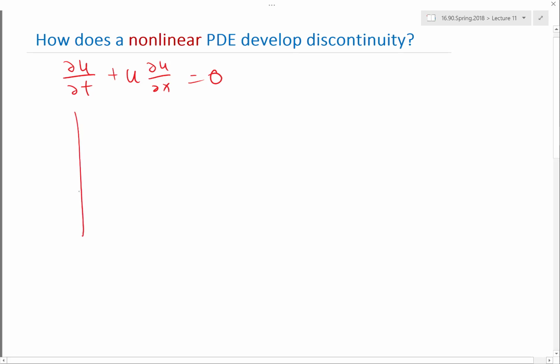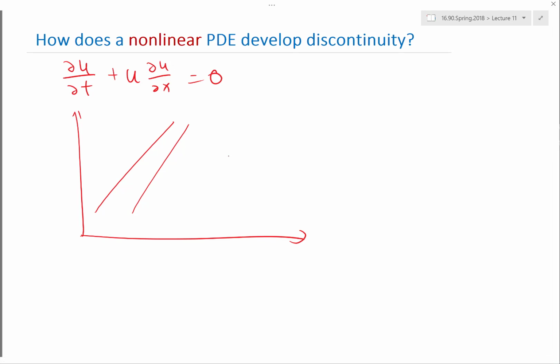Can we still say that we have these characteristic lines along which the solution is constant? Before, we said that we have these characteristic lines in time and space. Along each line, we can derive the slope of the line such that the solution stays constant along the line.